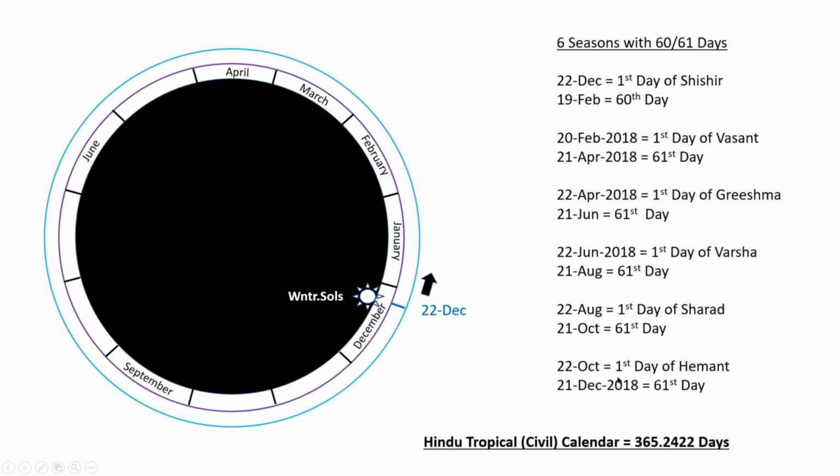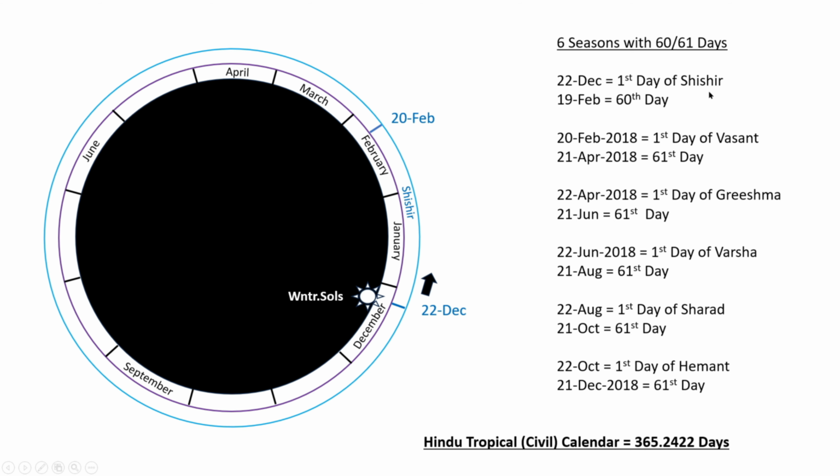We can take care of the leap days also here. We'll just discuss a normal 365-day year. One day can be adjusted here or anywhere. There are other ways of doing it. That's not important. So we'll define December 22nd to 19th February as the first month, Shishira. So this will be the winter season, December, January, February mainly.